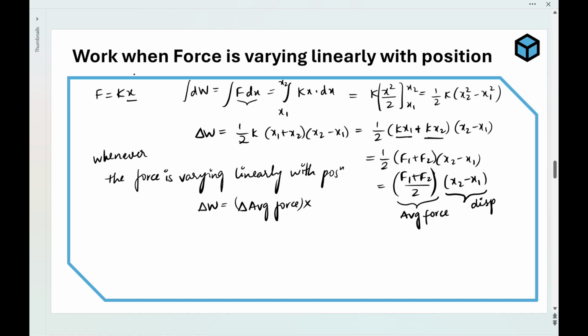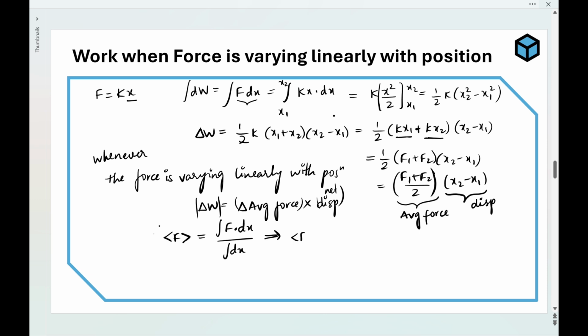The magnitude of work would be the average force into the displacement, that's all, the net displacement. We know that the average force can also be written as the integral of f dx by the integral of dx. This is nothing but force averaged over displacement.